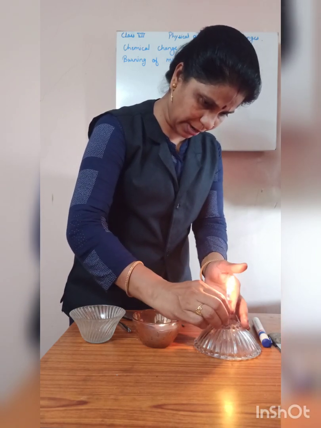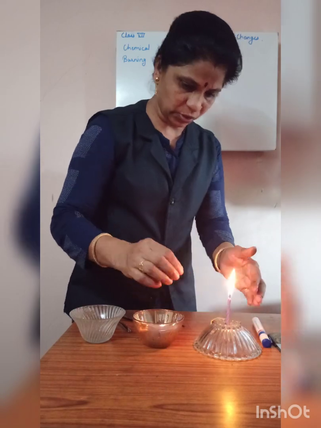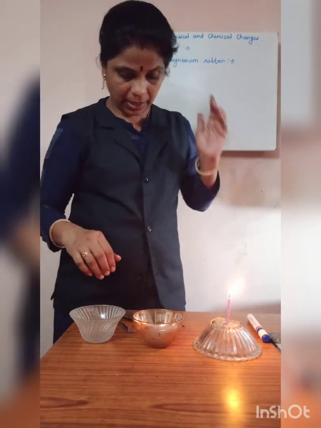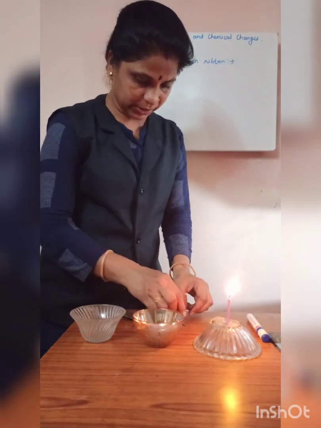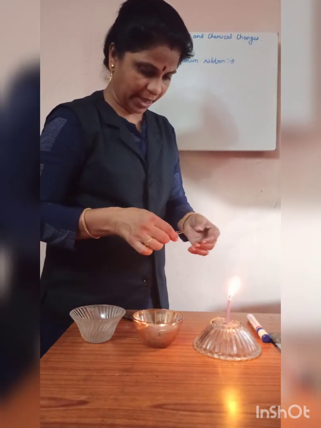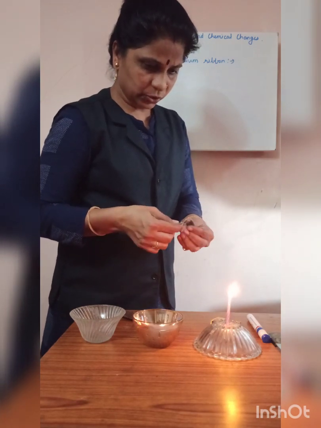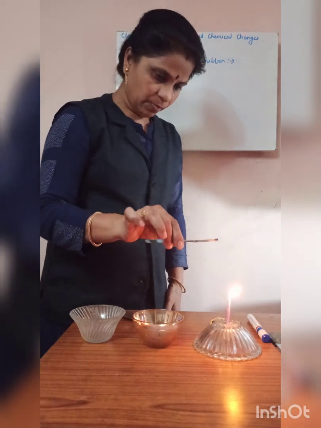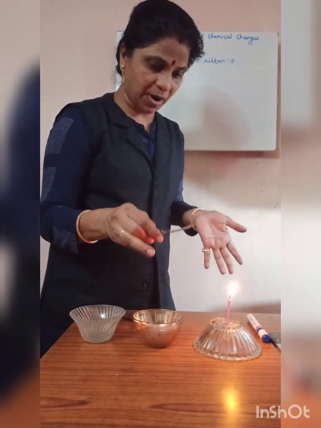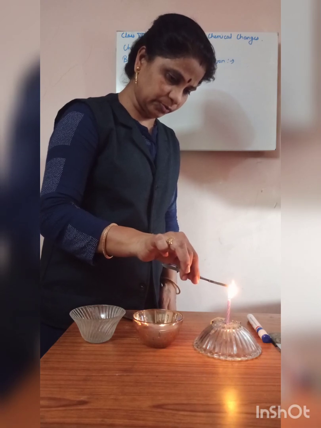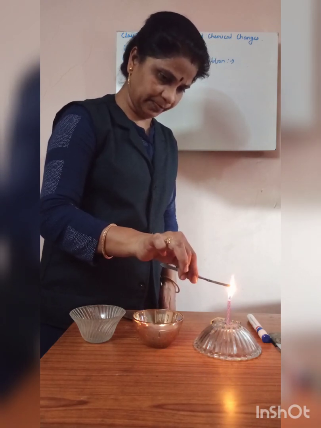When school starts, I will try to show the same experiment in our laboratory. So now I will hold this magnesium ribbon with the help of this tong. Actually, children, we should not see the burning of magnesium ribbon with naked eyes, because it gives dazzling, bright light. It is dangerous for our eyes.